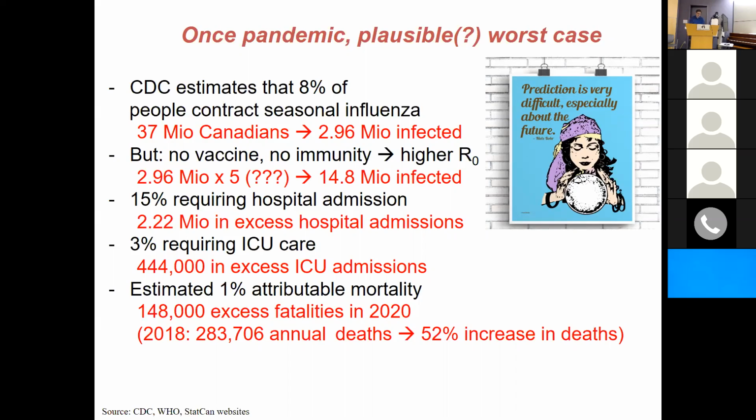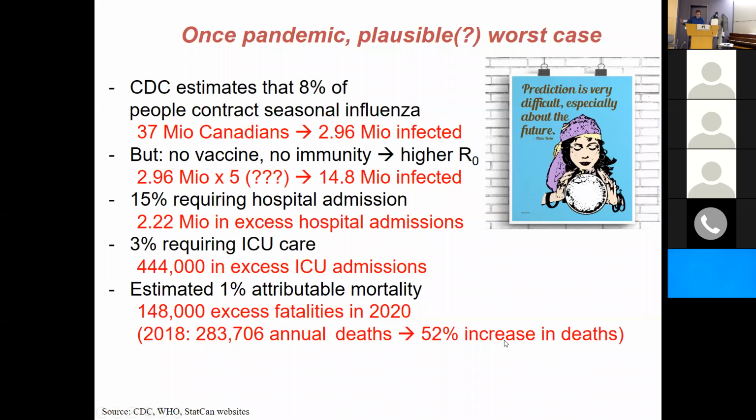That would be 15 million infected in Canada, resulting in roughly 2 million excess hospital admissions, 440,000 excess ICU admissions, and, estimating using a 1% attributable mortality, 150,000 excess fatalities. So that would be a 52% increase in death. Now again, this is like a worst case scenario if we just stop doing anything. And the other piece is nobody knows over which time period that would occur.